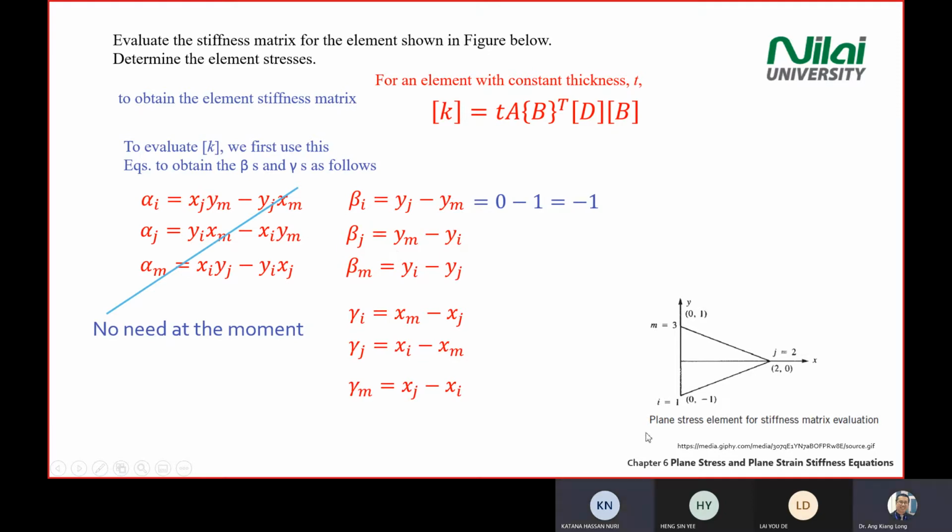If you look at this diagram, could you go back to the previous slide? No, you look at this diagram. You already understand what is yj, right? Yes. So if you look at this diagram, what is the point of j here? The j here, you have the coordinate 2, 0, right? So what is 2? 2 refer to x direction or y direction? Is x. Then y value is what?